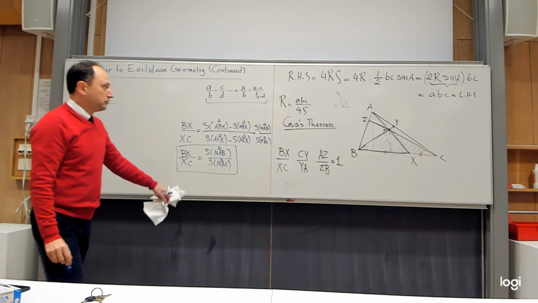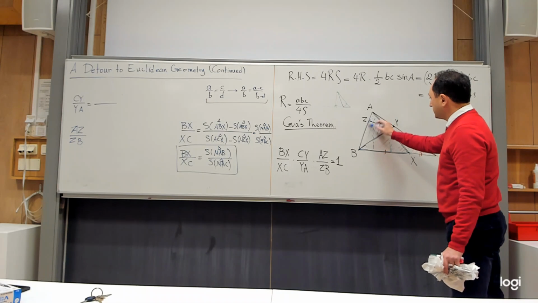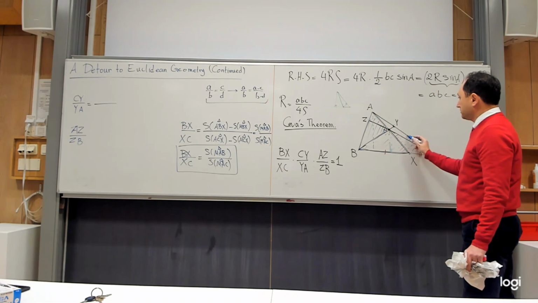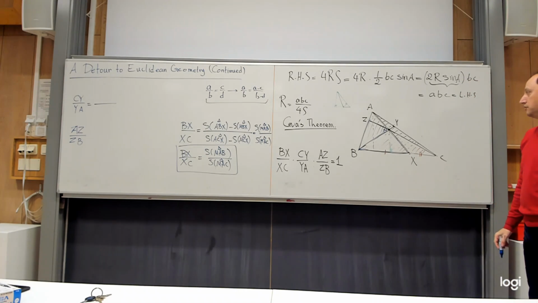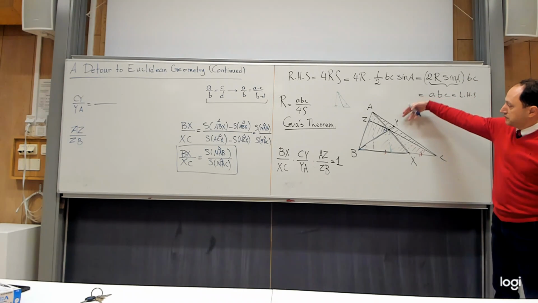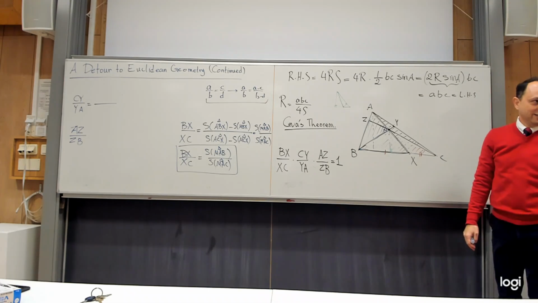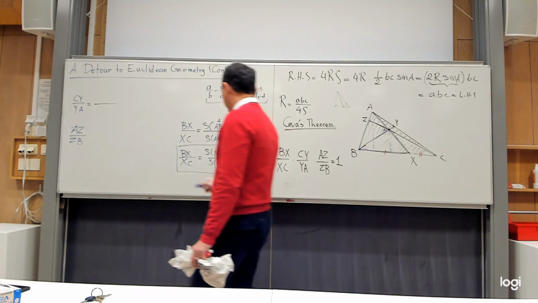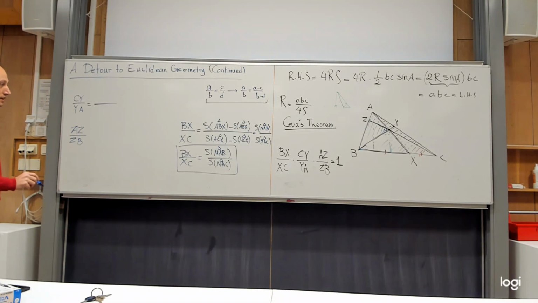So BX over XC, at the end, this triangle was important and this triangle was important. Yes? But now look at the problem from this side. Can you tell me which triangles would be important? Yes, it's a little bit confusing. MBA, I agree with that.